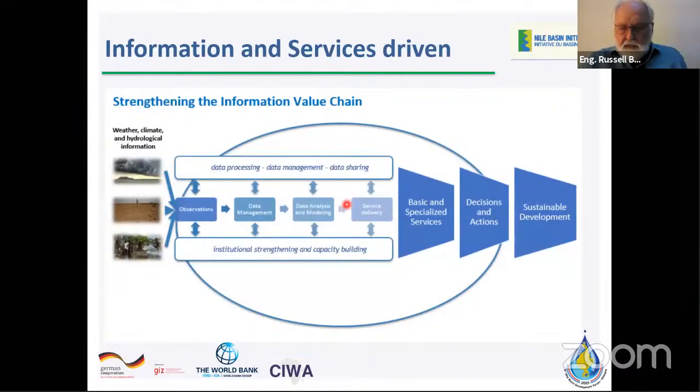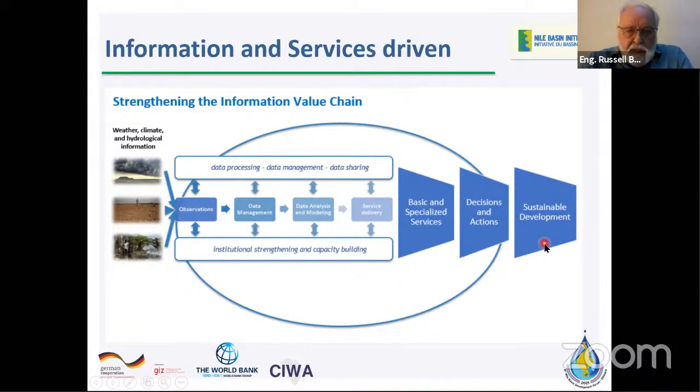The next slide speaks to a slightly different perspective on which Engineer Mark Woodbury presented yesterday, but it's very, very similar. Mark talked about a chain where we talked about data moving to information, moving to knowledge, which basically supported decision-making, which had impacts.